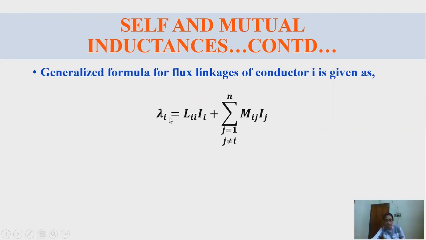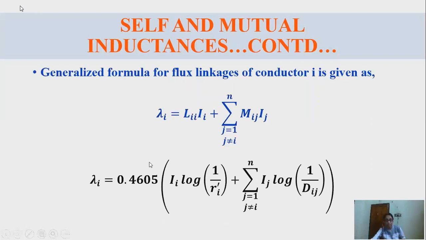That means while considering the ith conductor, for the self part we consider only the current flowing through the ith conductor, but for the mutual inductance we consider the currents flowing through the other conductors except the ith conductor. This is the generalized expression, with a self part and a mutual part.